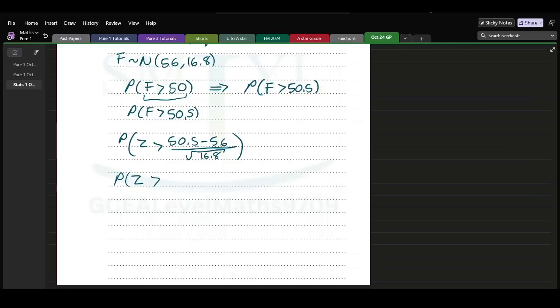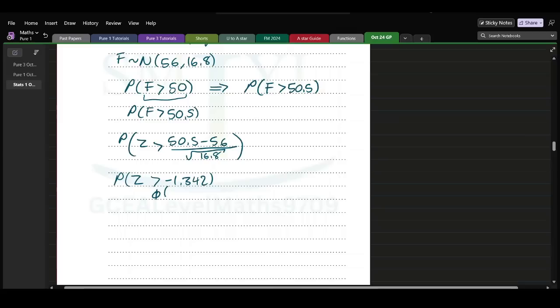This is 50.5 minus 56 divided by the square root of 16.8, and this gives us negative 1.342. So this is the same as phi of 1.342. And phi of 1.342 is equal to 0.910. And so therefore our final answer here is 0.910.